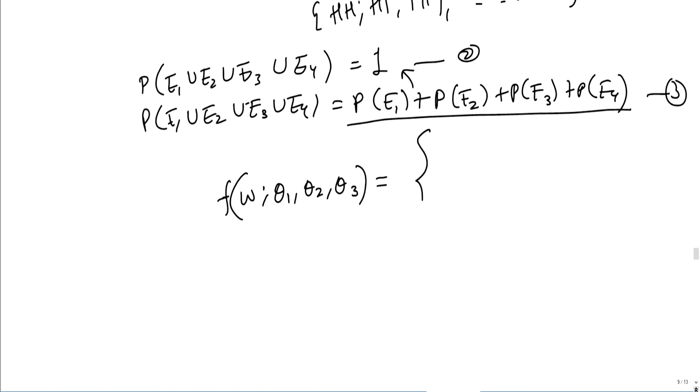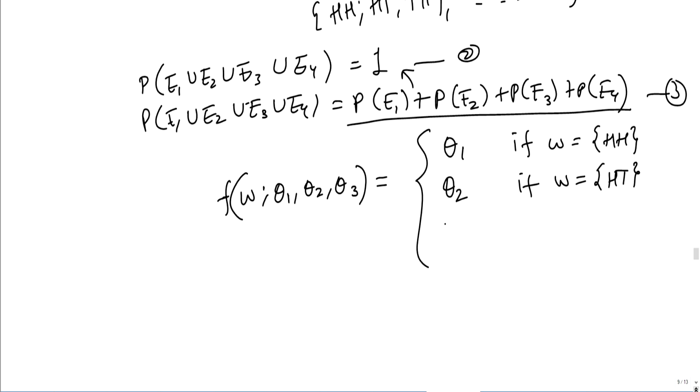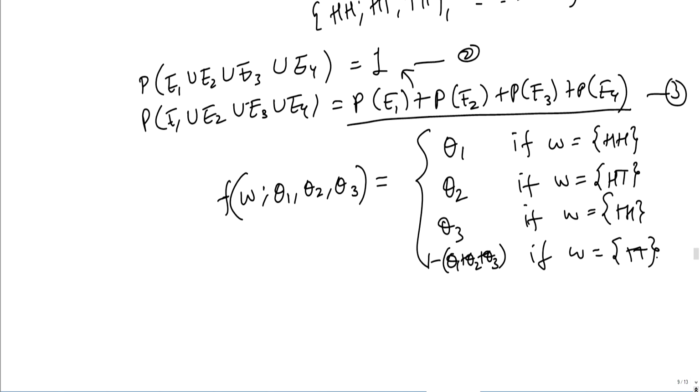Because you will need to define probabilities like this: the value of this function would be theta 1 if omega is heads, theta 2 if omega is head tails, theta 3 if omega is tail heads, and 1 minus (theta 1 plus theta 2 plus theta 3) if omega is tails.